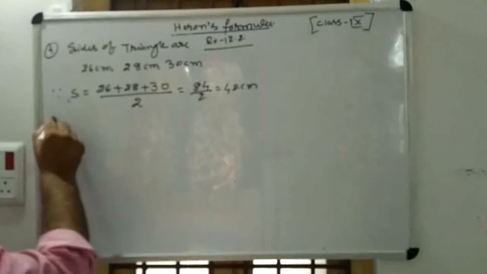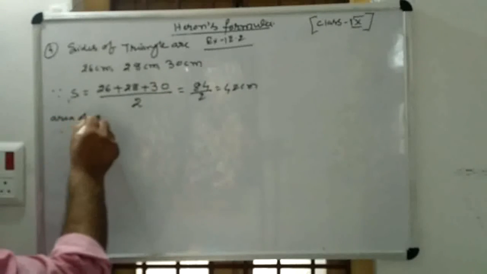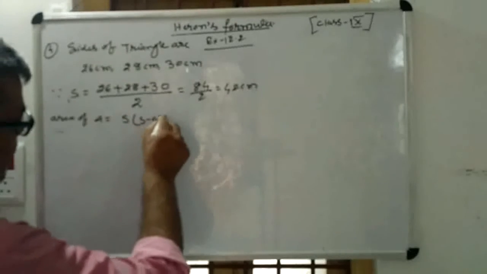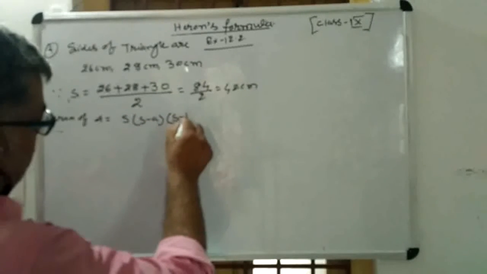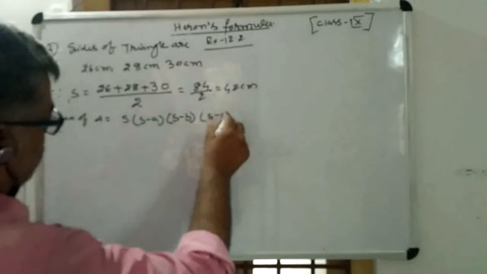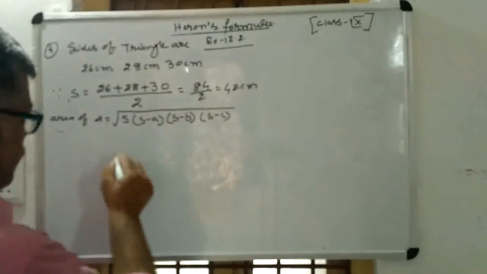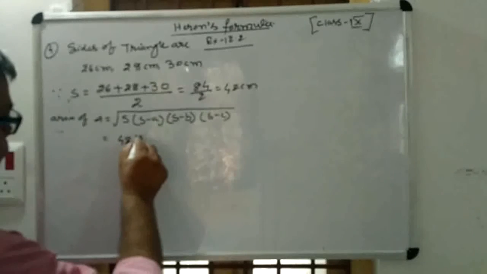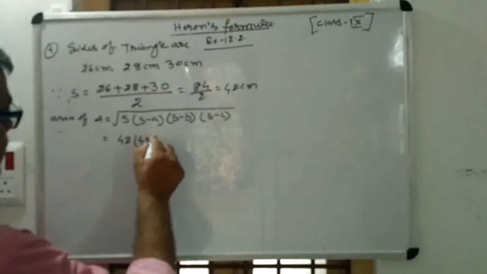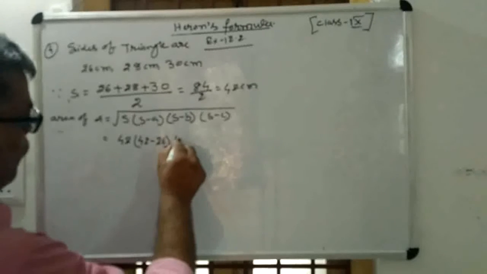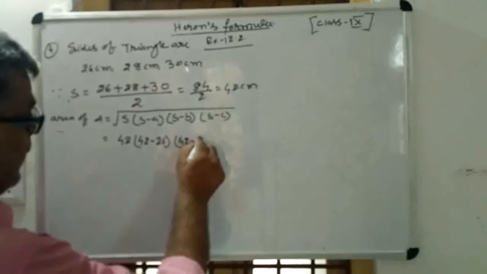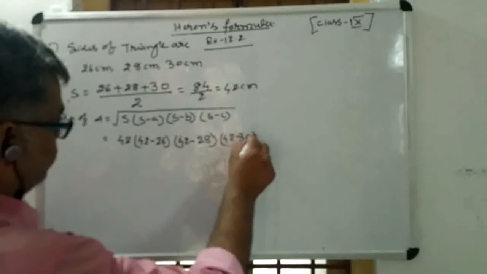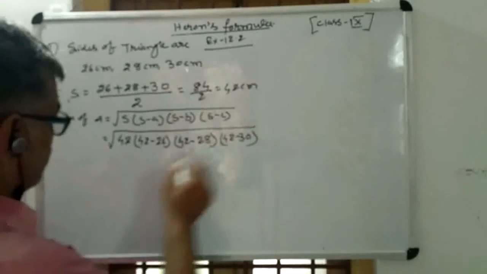Now area of triangle will become root of S into S minus A into S minus B into S minus C. Here S is 42 into 42 minus A, 26, 42 minus B, that is 28, 42 minus 30, under root.